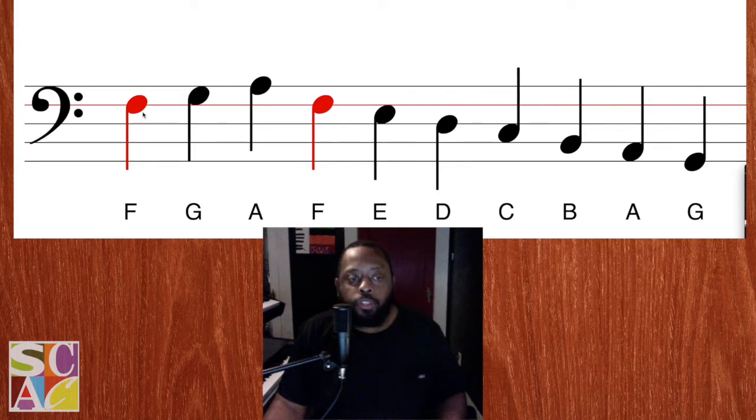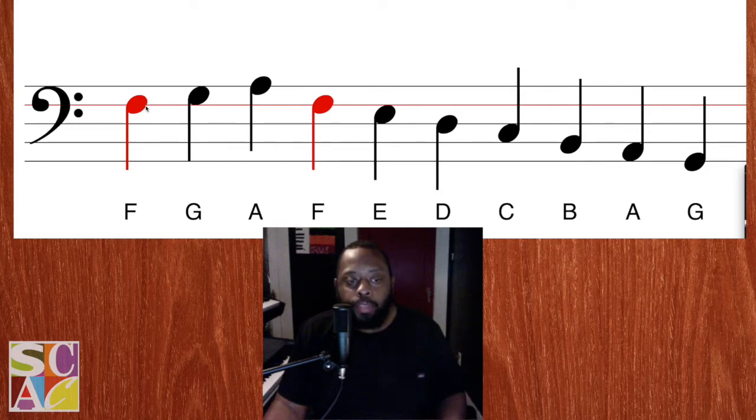So let's try to read these notes. So play F, then go up 1 to G, then go up 1 more to A, and stop. Now, the next note looks very similar to the note that you started with. And it is, because it's on the same line.